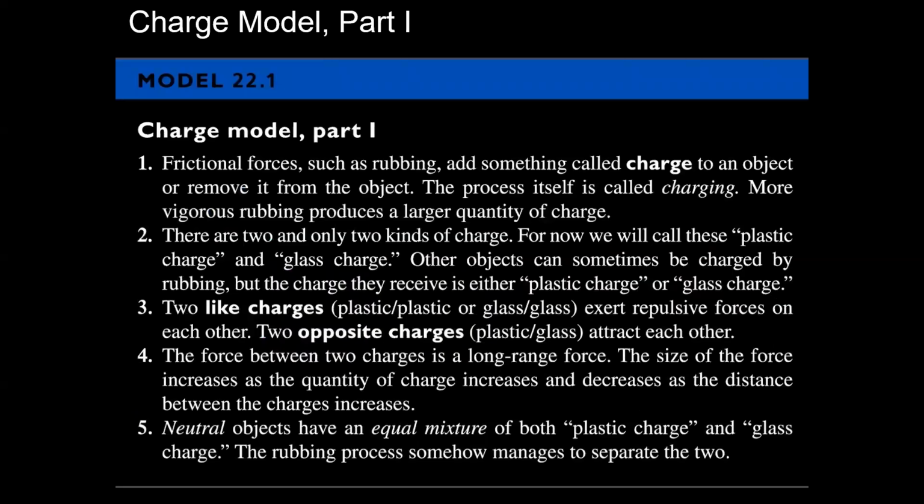And so this right here is a summary of this charge model that we have. It's kind of fun to go through, define things as either having a plastic charge or having a glass charge. Think of things as being how the objects acquire a charge, either by rubbing together or as we'll see in a minute, in contact with other objects.